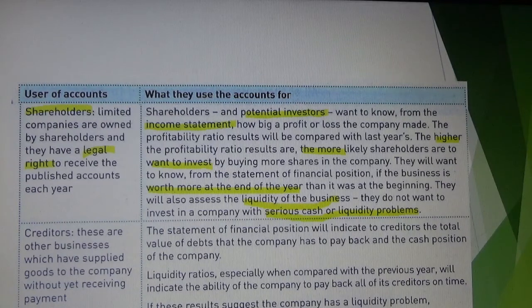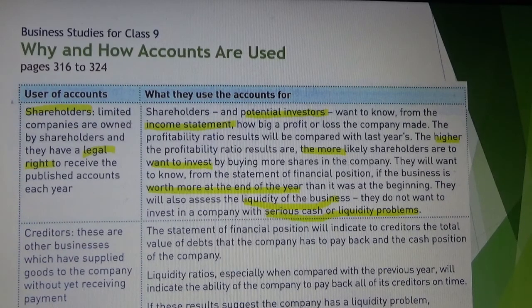Okay. We have another group here, the creditors. These are other businesses which have supplied goods to the company without yet receiving payment. The statement of financial position will indicate to creditors what the company has to pay back and the cash position of the company.